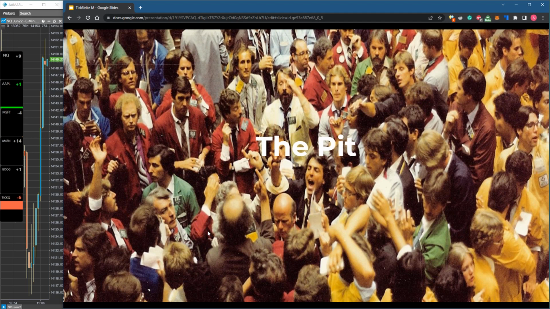Everything has become electronic. So what we tried to do with TickStrike was to recreate the edge that you have in the pits. These little teeny weeny meters you see here on the left-hand side essentially represent a pit for each of these products. We've got the NQ, Apple, Microsoft, Amazon, Google.